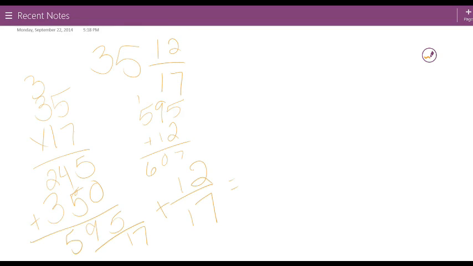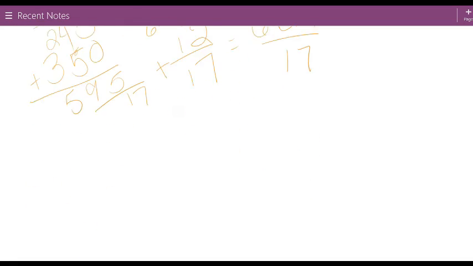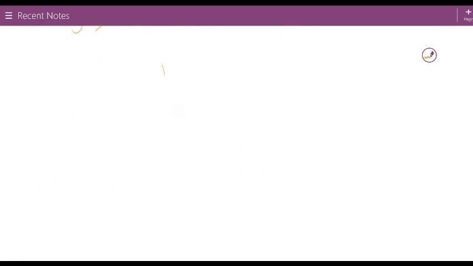Yep. 607 over 17. So we have, let me go down here, our integer, our numerator, our denominator.